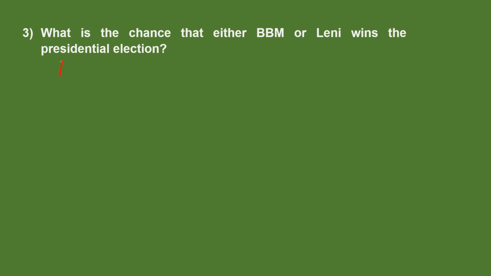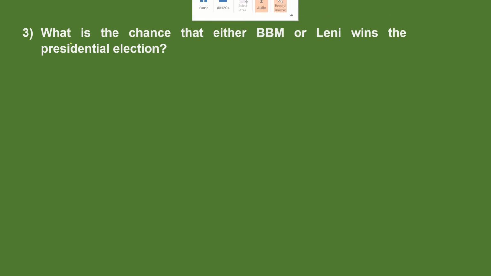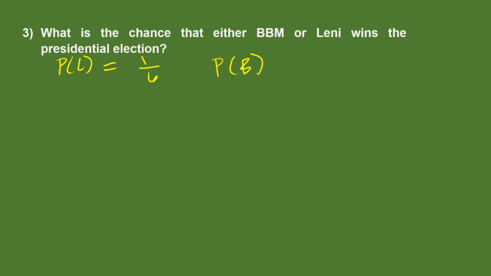So let L represent Lenny and B represent BBM. So P(L) is equal to, we know the probability from our distribution table earlier, 1/6. And the probability of BBM, so B, is also equal to 1/6.